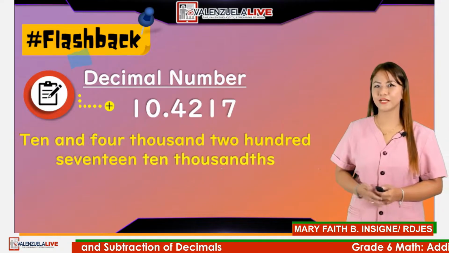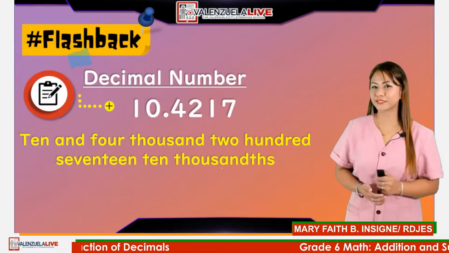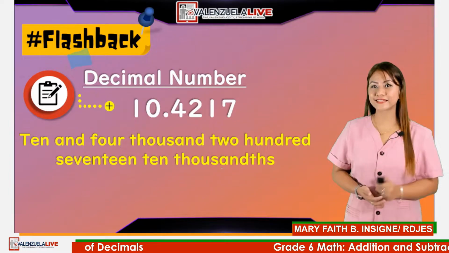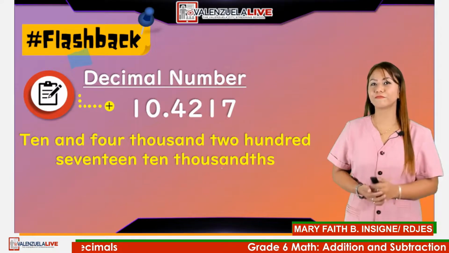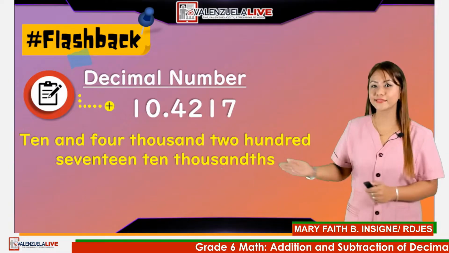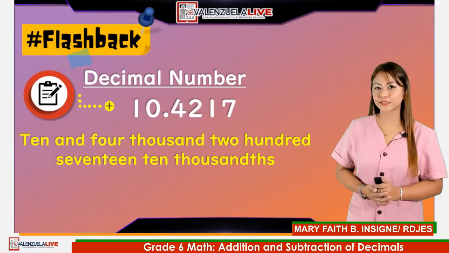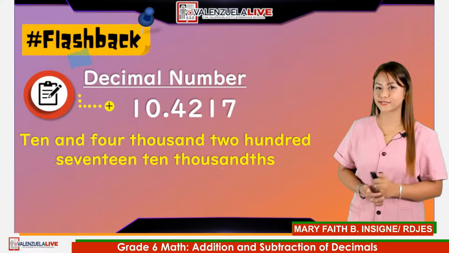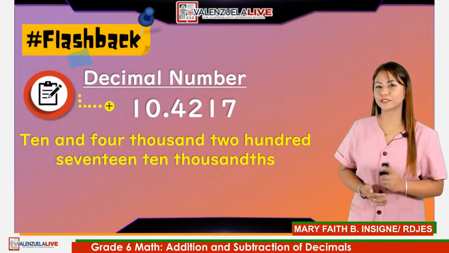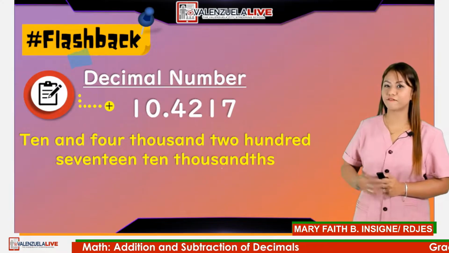For this example, 10.4217 is read as 10 and 4,217 ten-thousandths. In this case, the decimal point is replaced by the word "and," and the numbers on the right are read with their last place value.